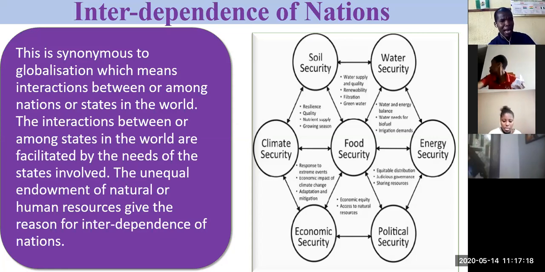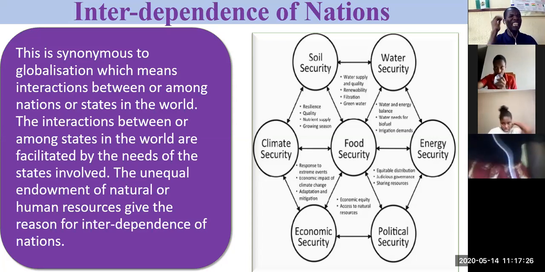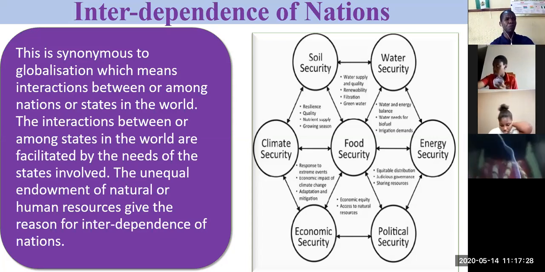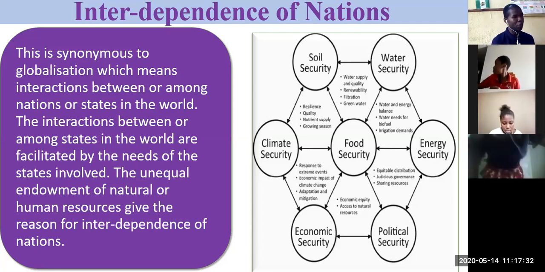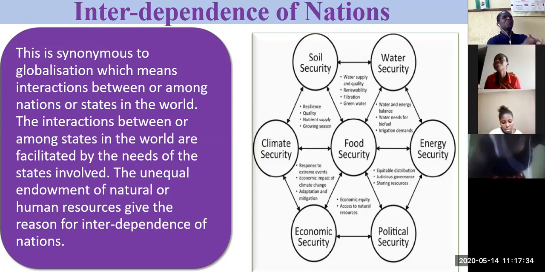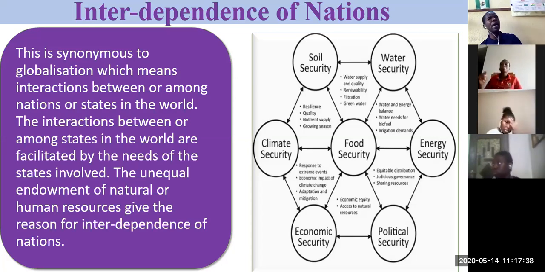As I am here, I can trade with somebody online, and I will get what I need supplied to me at my convenience at home. So, the concept of globalization simply means the interactions between or among nations in the world.